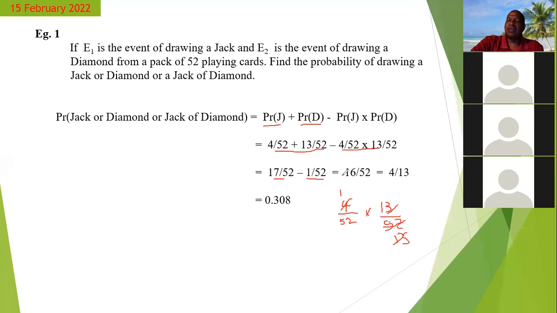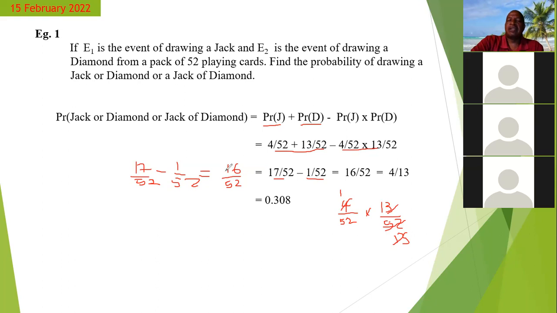17 over 52 subtract 1 over 52. So 17 over 52 minus 1 over 52. 1 from 17 gives you what? 16 over 52. Can we simplify that? Yes, sir.